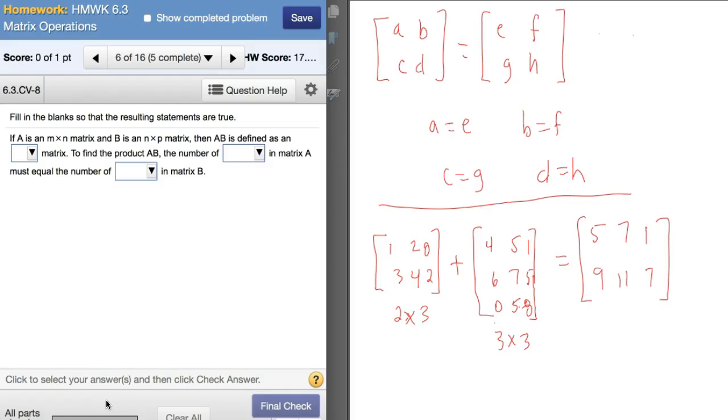To find the product of AB, the number of, in this case, either rows or columns in matrix A must equal the number of rows or columns in matrix B. So I'll explain what we have to have for matrix multiplication, and explain why matrix multiplication is not commutative. From that point, you'll see how to answer this particular question.